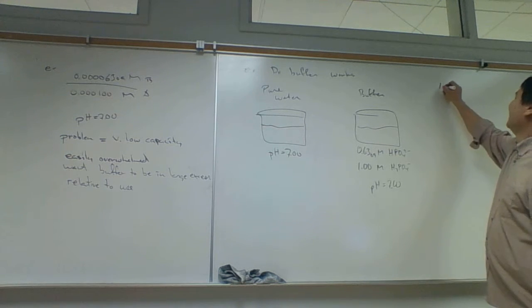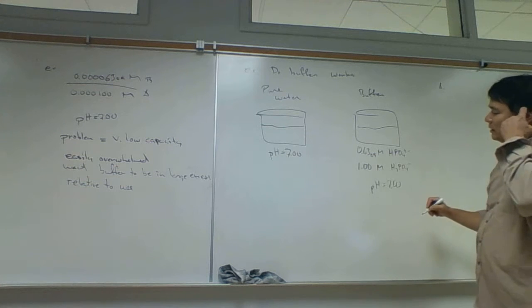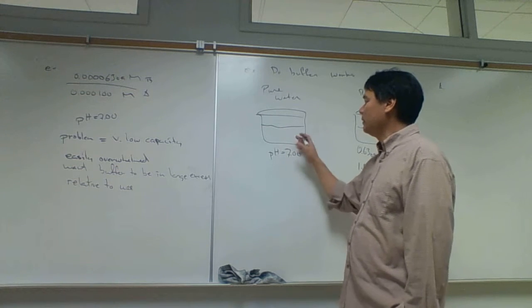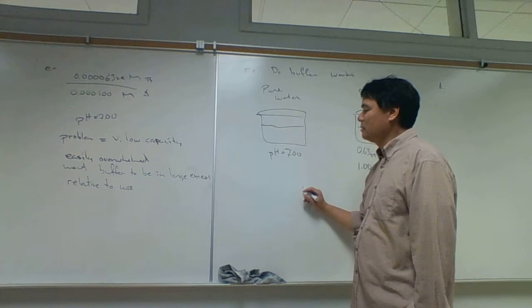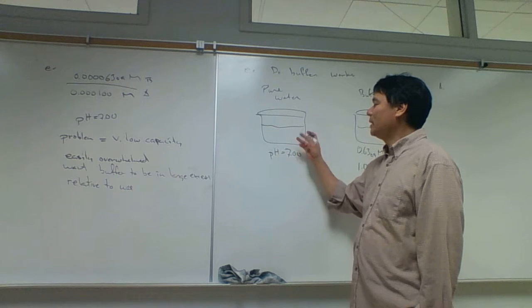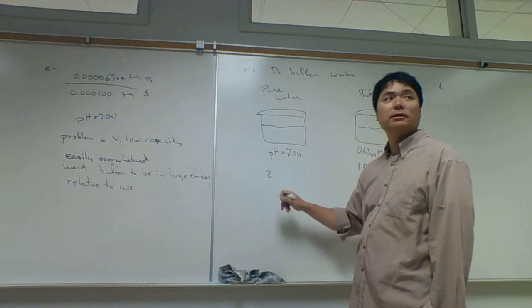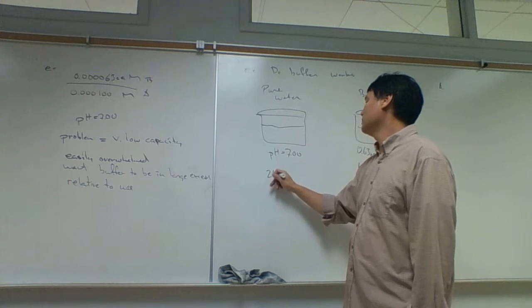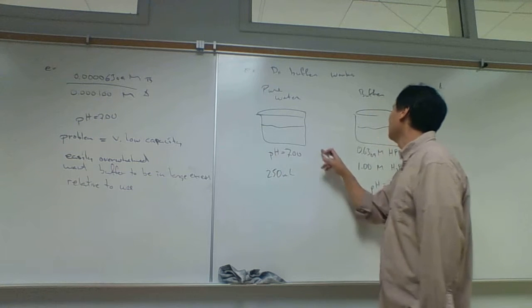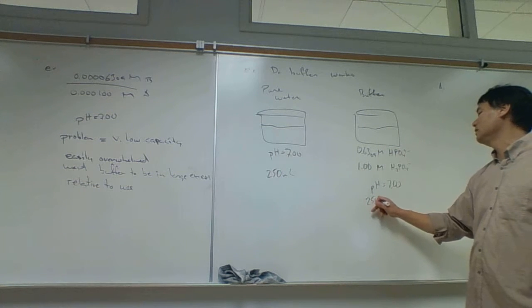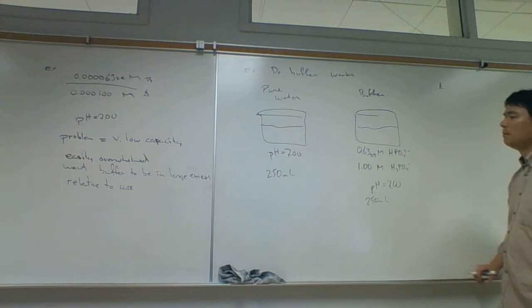So then A, we're going to add, let's do this. We're going to go with about a cup. A cup is how many milliliters? 250 milliliters, you say? So let's go with 250 milliliters of water and then 250 milliliters of this buffer.